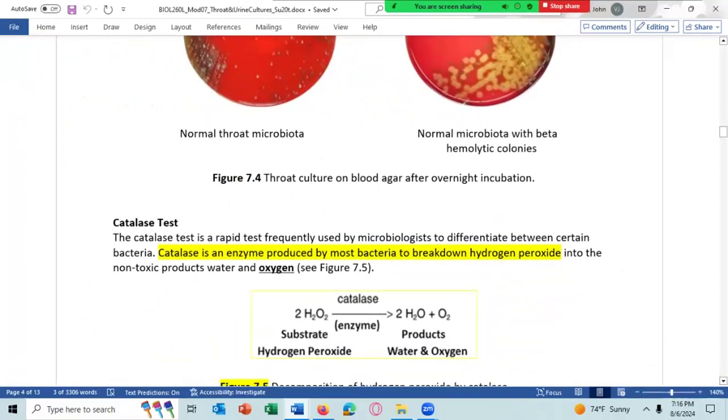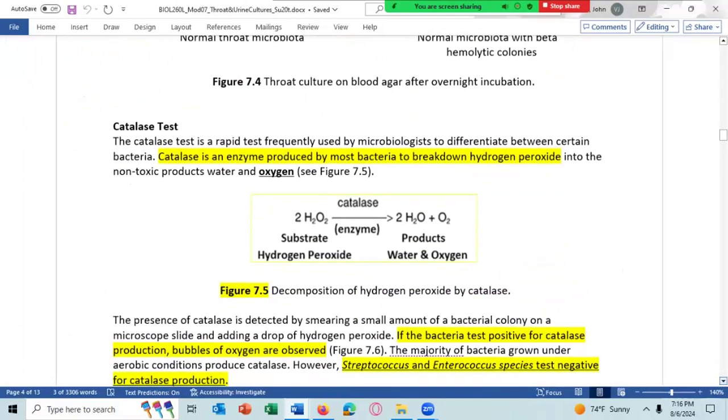There we go. So the 2 tests we need to do are catalase and bacitracin. With the catalase test, you put hydrogen peroxide on a slide, and then you add the bacteria. If the bacteria have catalase, they will produce water and oxygen from the hydrogen peroxide, and you'll look for bubbling, which is the oxygen being produced.